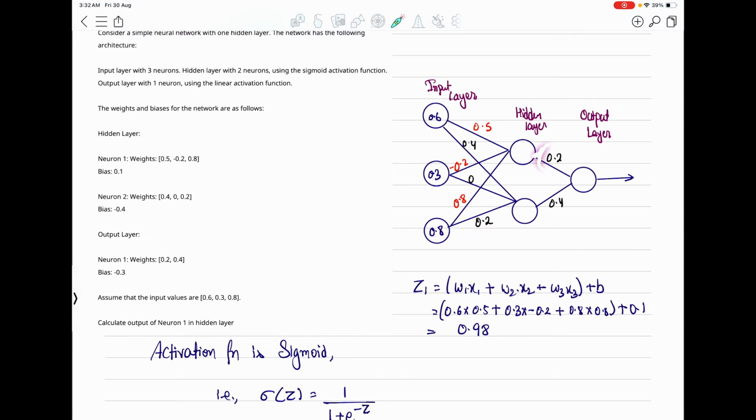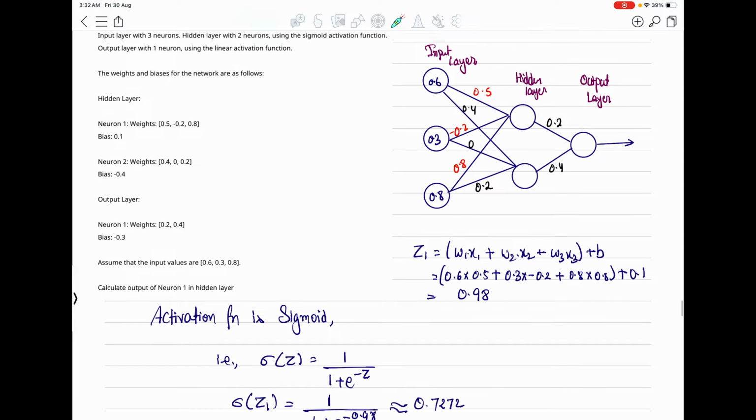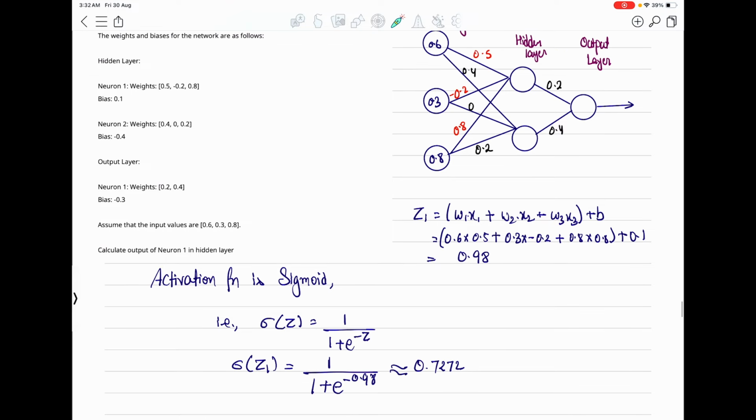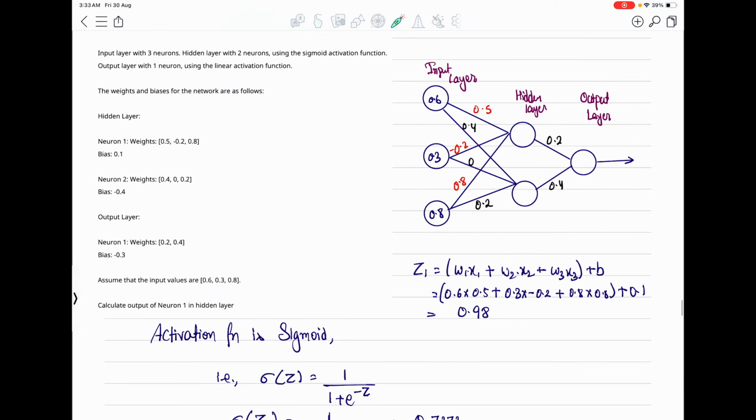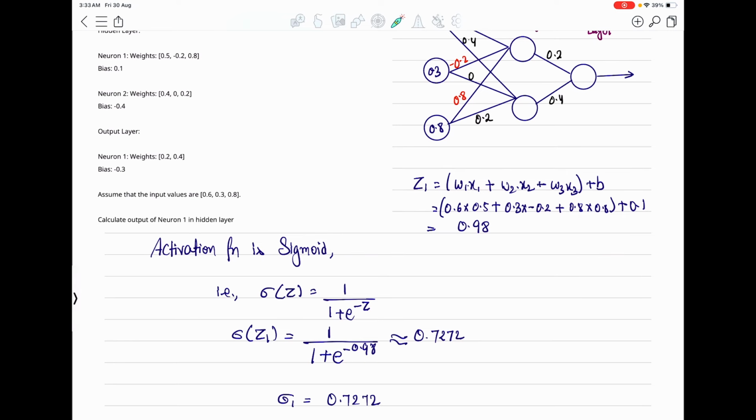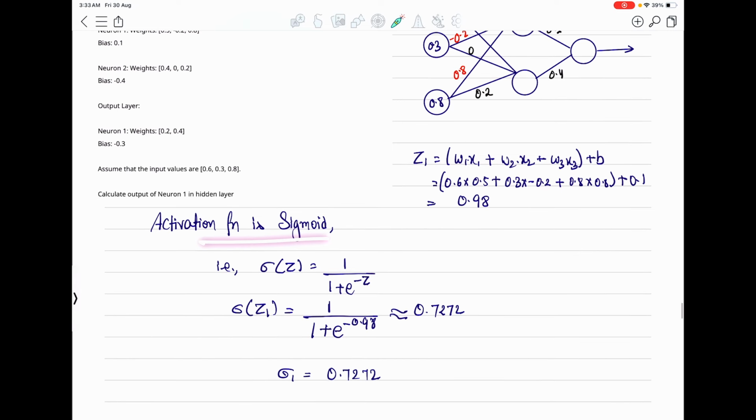Now for the output layer, it is nothing but alpha times this. Okay, that is basically the output of neuron 1 we want. So for this we will have alpha times whatever it comes, right? Basically alpha times the linear combination of all these, z, so basically the activation function of this.